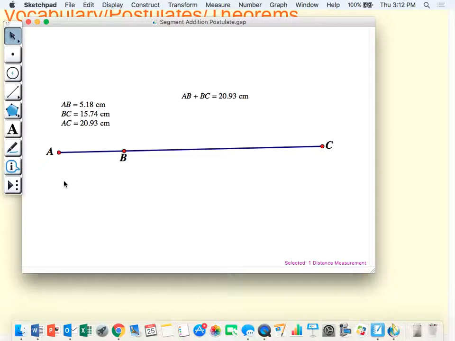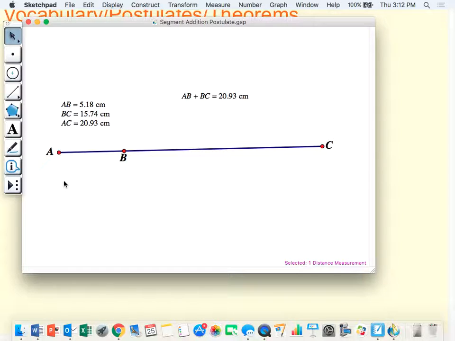I've got point B in the middle, so these two segments together make AC, AB and BC. AB measures 5.18, BC is 15.74, and the total is 20.93. And lo and behold, if you add together AB plus BC, you get 20.93, the same thing as AC.